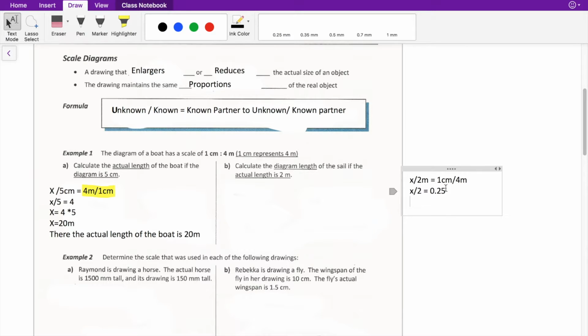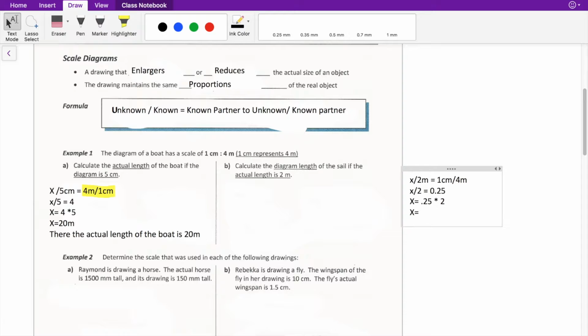Then I have to isolate the x here. So I would divide by 2. So I'm going to move it over and it will become a multiply by 2. That little star I'm putting up is multiply by 2.